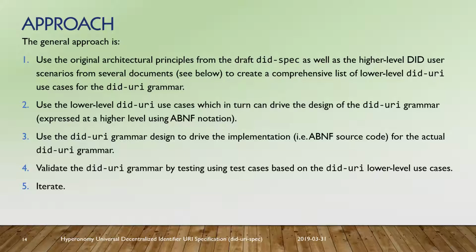And of course, we're going to iterate on that because, for example, at the beginning, we're not going to have each and every high-level did user scenario. We're going to focus on some main ones. But as we, for example, move and study more and more of the Indy hypes, we're going to find more and more variations of the did URL use cases that are needed to support those hypes.